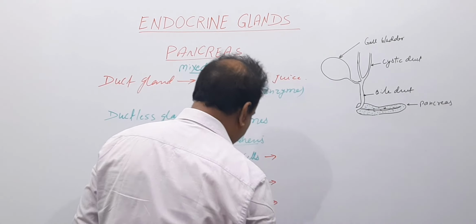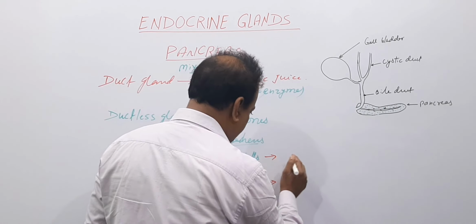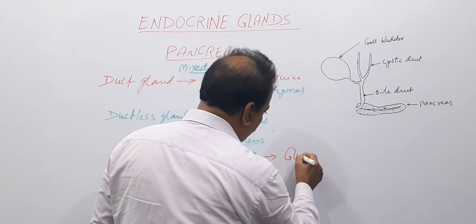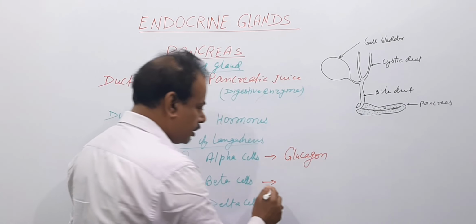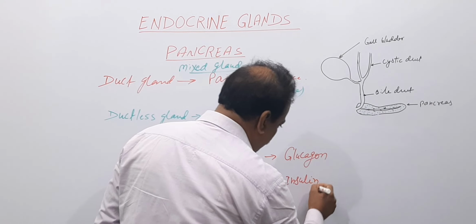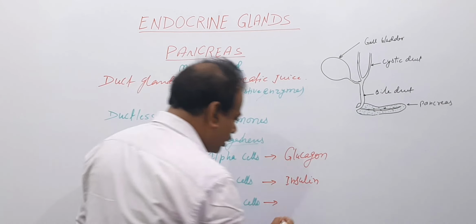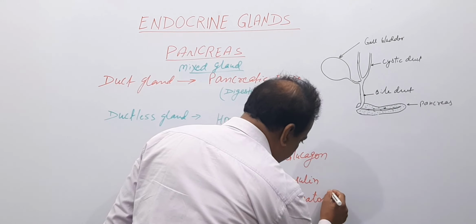These three cells secrete three different types of hormones. Alpha cells secrete glucagon, beta cells secrete insulin, and delta cells secrete somatostatin.